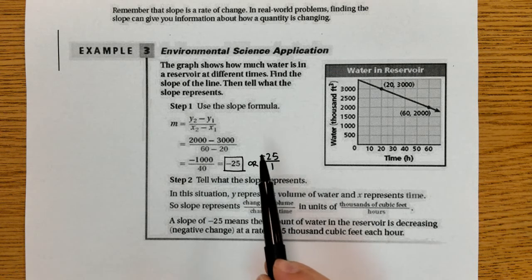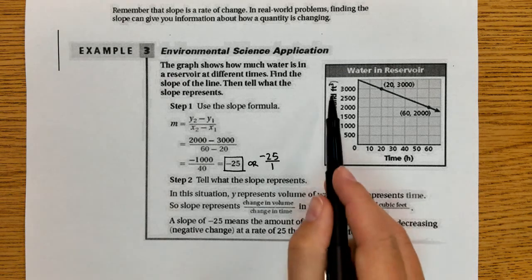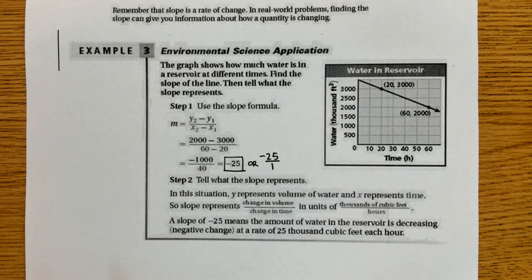So this means it's decreasing, because it's -25, so it's decreasing 25,000, because we're talking about thousands of cubic feet. So it's decreasing 25,000 cubic feet each hour. So a change of negative 25 means the amount of water in the reservoir is decreasing, because it's a negative change, at a rate of 25,000 cubic feet each hour.